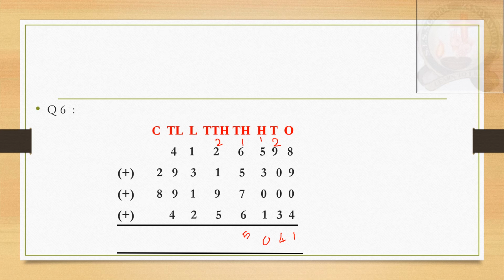So 2 plus 2 is 4, 4 plus 1 is 5, 5 plus 9 is 14, 14 plus 5 is 19. For 19, write 9, 1 carry to the next digit.